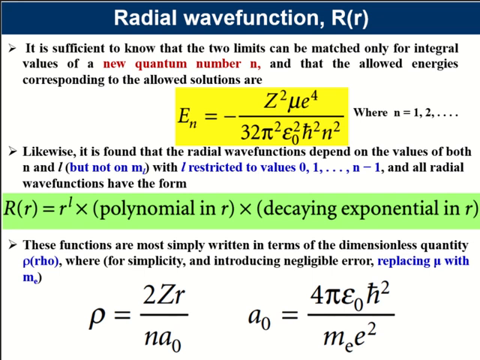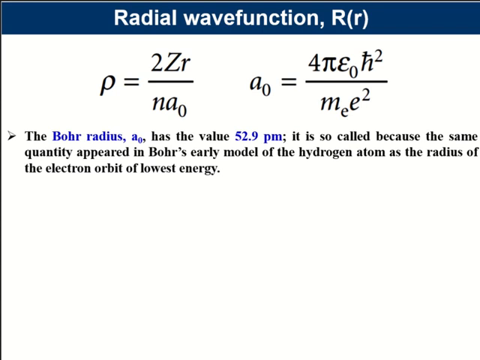So this m_e is actually mu which has been replaced. The Bohr radius has a value of 52.9 picometers, the same thing that was calculated by Bohr.